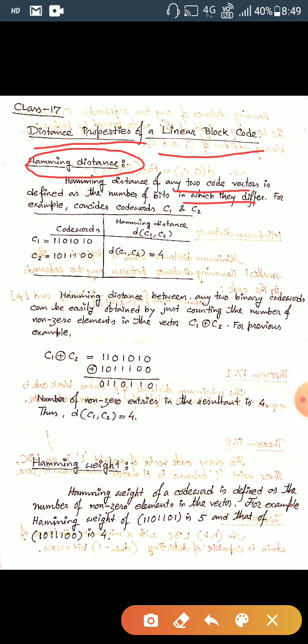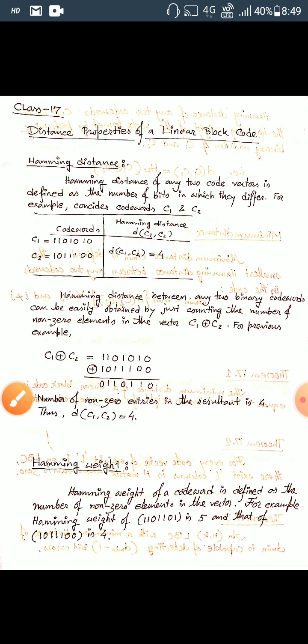For this reason, we consider two code words, C1 and C2, where C1 is defined as 11011010 and C2 is defined as 10111100.